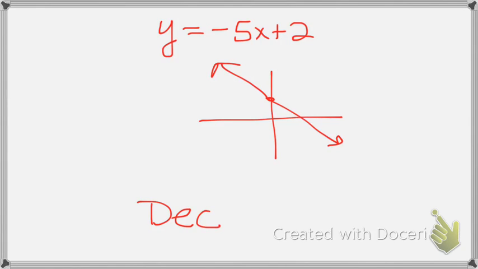You drive your car on that thing from the left to the right, you're going downhill from negative infinity to positive infinity. Okay, so this is decreasing on script R, or negative infinity to positive infinity. Everybody okay with that?